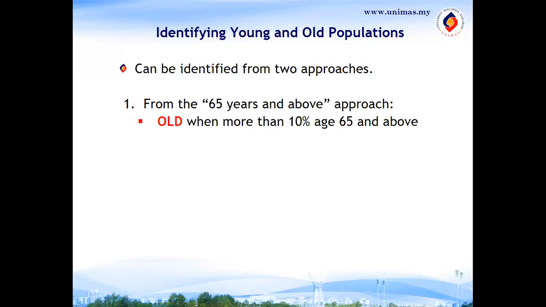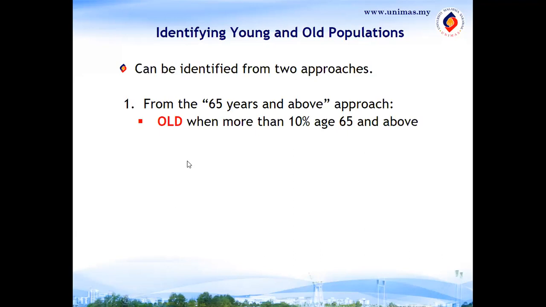Ada yang mengatakan kita dah mencapai like 9%, ada yang mengatakan we are close to an old age society, something like that. So there have been a lot of conflicting reports. Yeah? So I don't know, but we have to look. What we can do is once we have collected the data for 2020 or 2021, then we will know exactly how many of the population in Malaysia are age 65 and above.